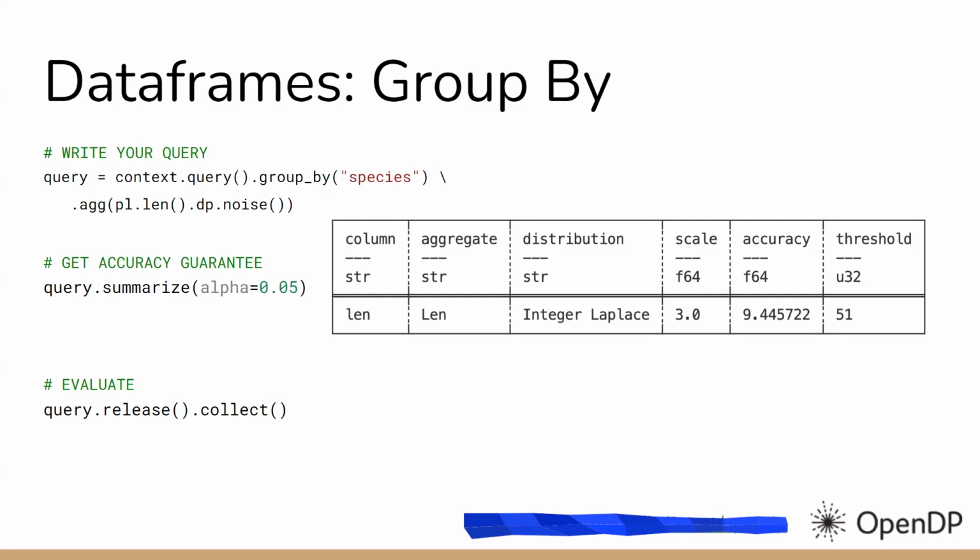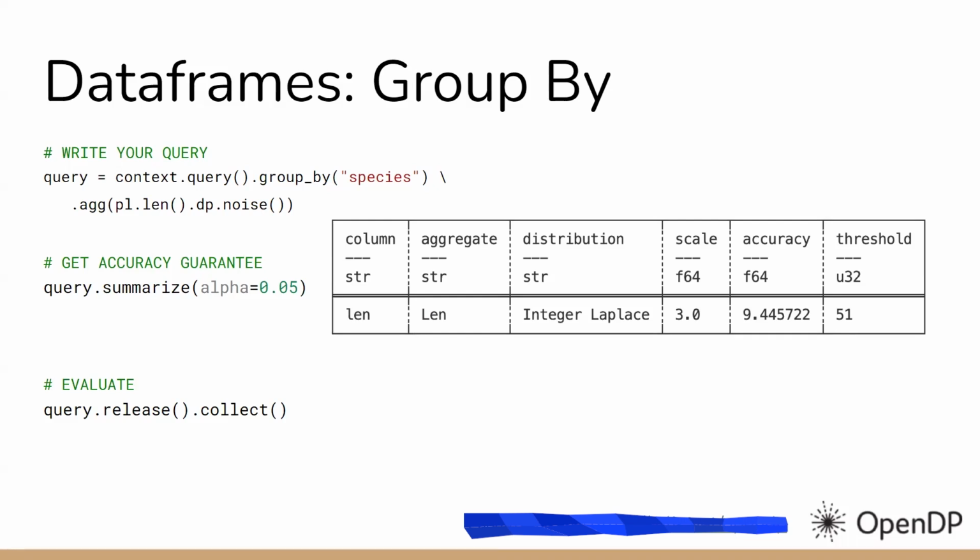But you'll notice there is an extra parameter here. It tells you what the threshold is in order to protect the set of potential keys that we release. We only release the keys that have contributions from many different individuals.